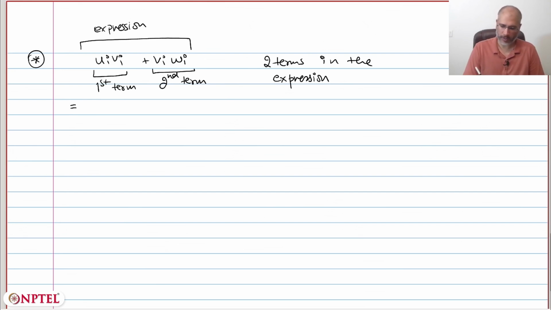In the first term, when we apply the summation convention, this expands to a summation over i going from 1 to 3 of u_i v_i, and the second term expands to the summation over i going from 1 to 3 of v_i w_i. So now we can expand this.